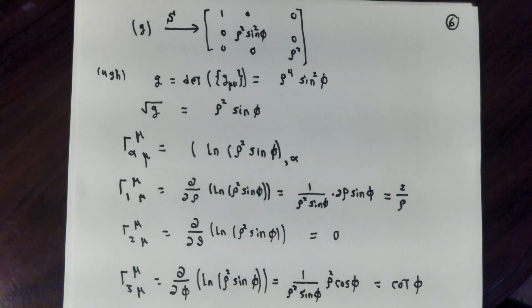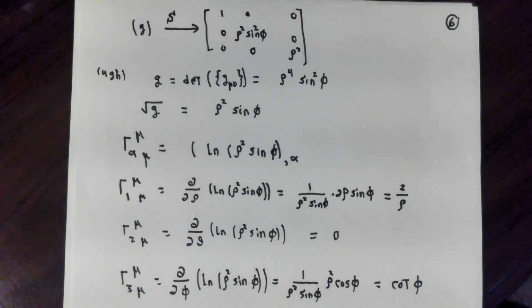Using the horrible G notation for the determinant of that collection of quantities, we find out that G is rho to the 4th power sine squared phi, so that radical G is rho squared sine phi.